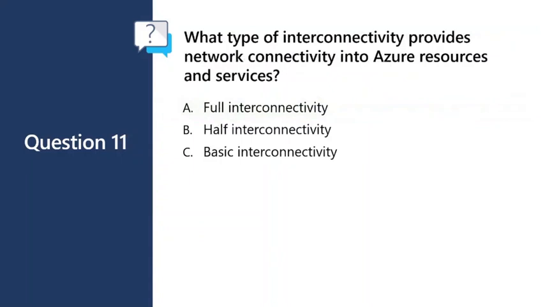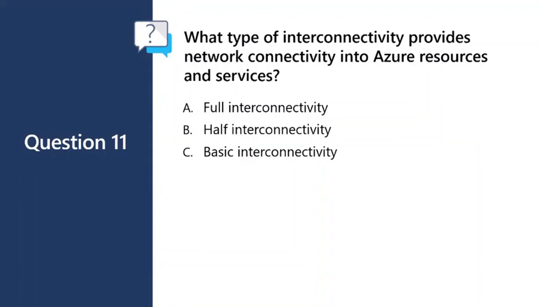And what type of interconnectivity provides network into Azure resources and services? Well, this is kind of tricky because full gives connectivity, but half, I didn't even hear of that. So half doesn't sound good. And then basic. So it's probably like, what's the minimum you need to connect?